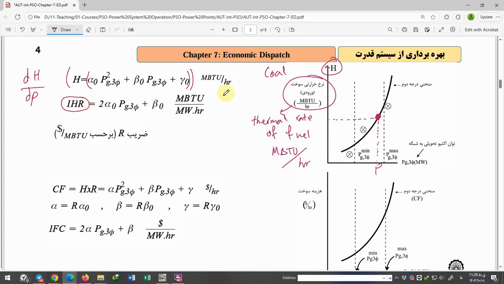IHR is megaBTU per megawatt hour. H has dimension megaBTU per hour, but the P makes the whole calculation dimension megaBTU per hour per megawatt.